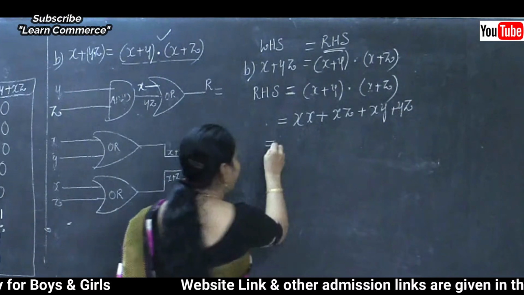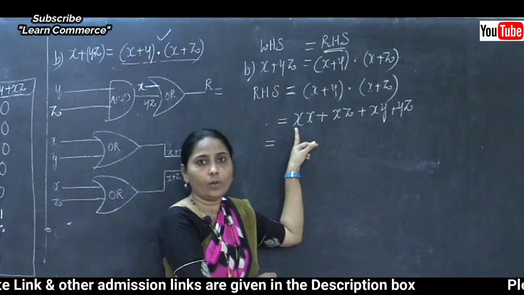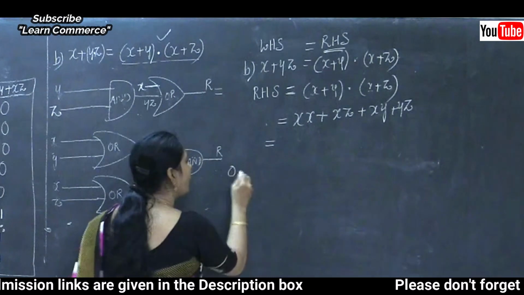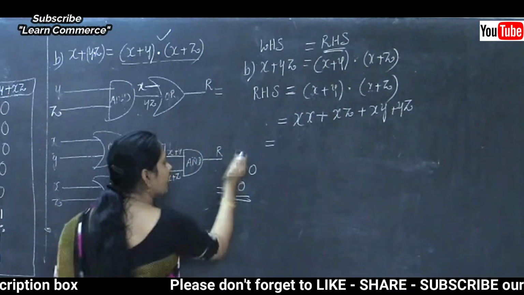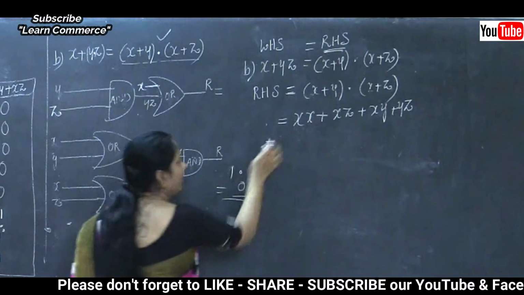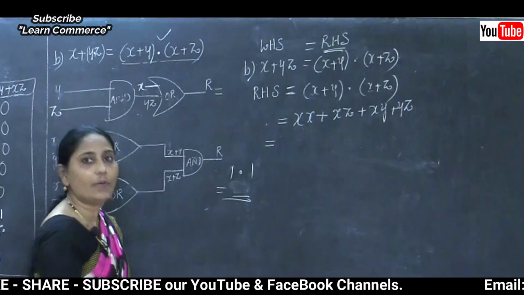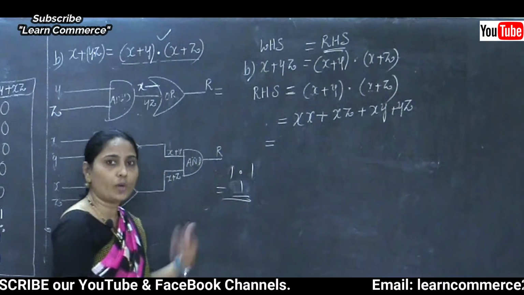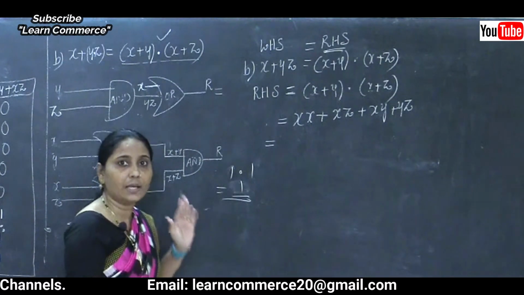Now we know that when you are using the x value as 0, 0 and 0, always the value is 0. Maybe the x value is equal to 1. When you are going to multiply, always the value is 1 only. So whatever value we use for x, such answer we will get as the result.